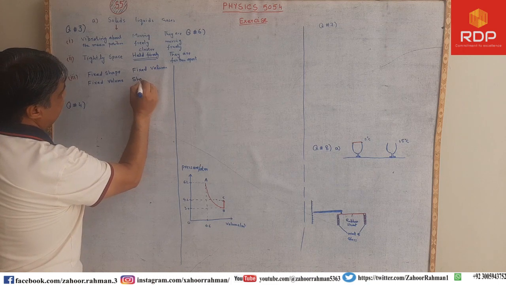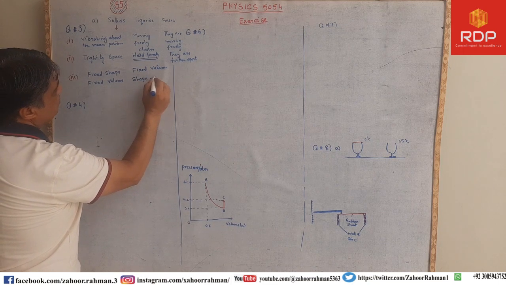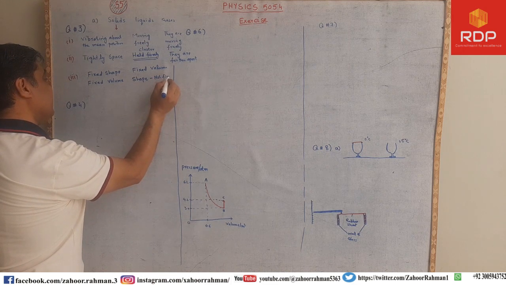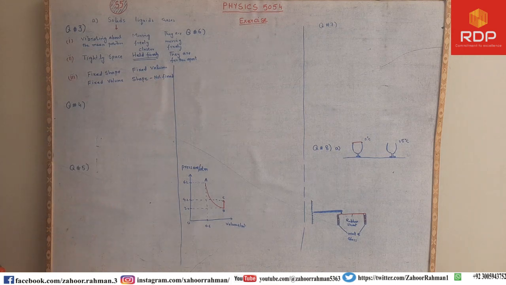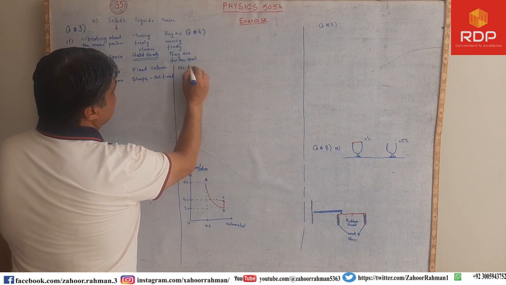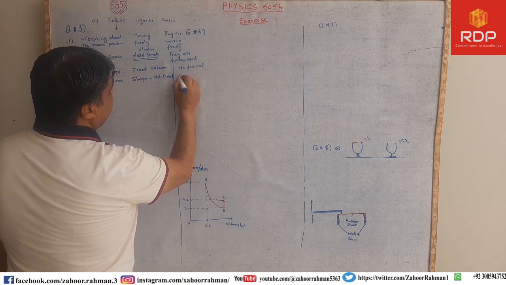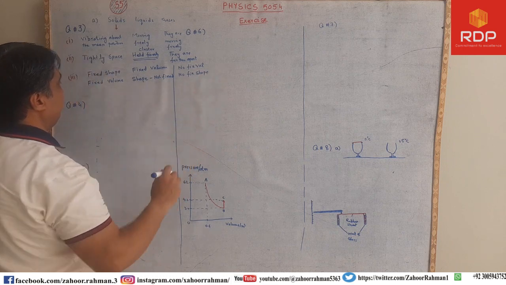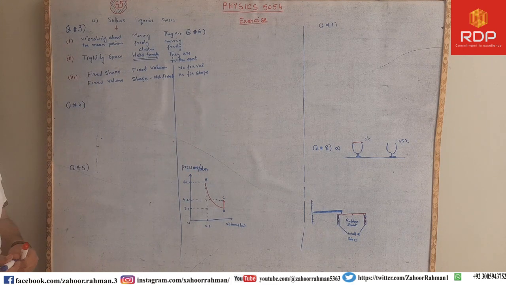The shape is not fixed; in whatever you put it, it will take the shape of that container. Gases have no fixed volume and no fixed shape. So we are differentiating solids, liquids and gases on the basis of these three different properties, and we did it.